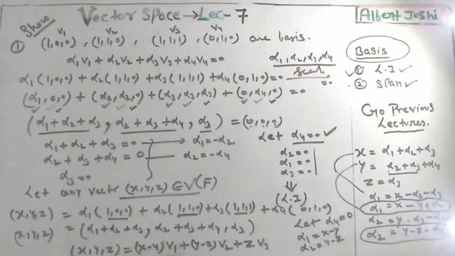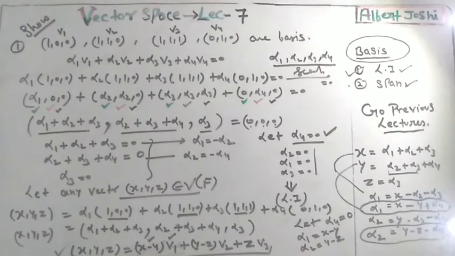And this vector can be generated with the help of a linear combination of scalars and vectors. Any vector (x, y, z) can be anything; you can put any value in place of x, y, z.